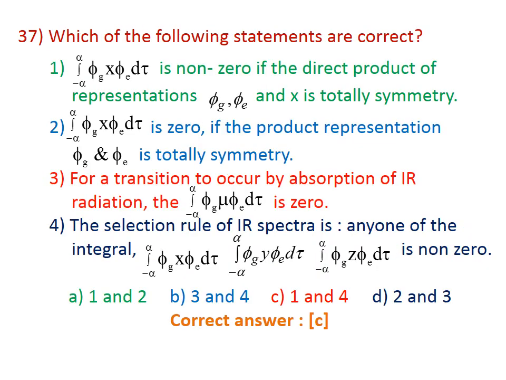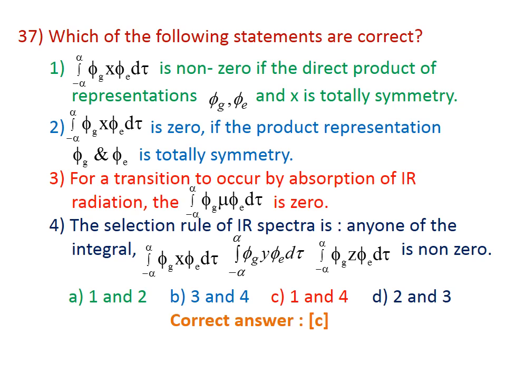Answer is A. 37. Which of the following statements are correct? We consider statement 1. The integral from minus infinity to plus infinity of psi g x psi e d tau is non-zero if the direct product of the representations psi g, psi e and x is totally symmetric. This is correct. 2.